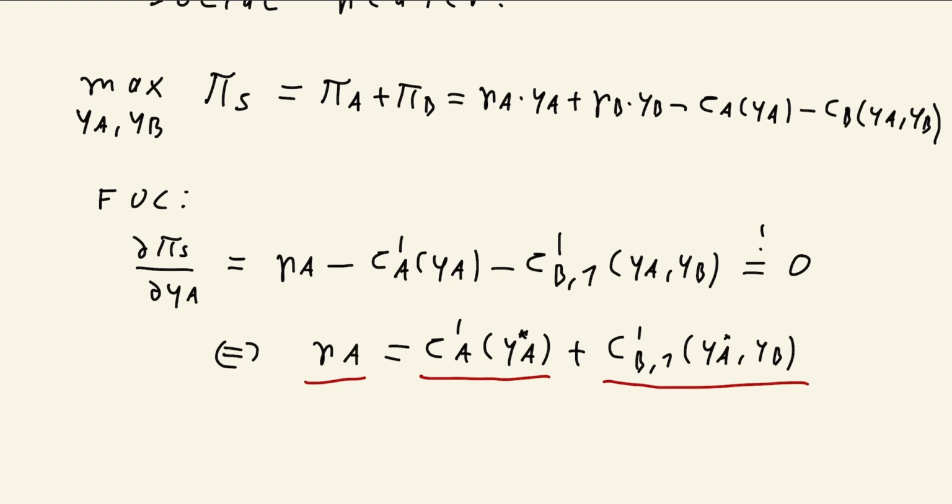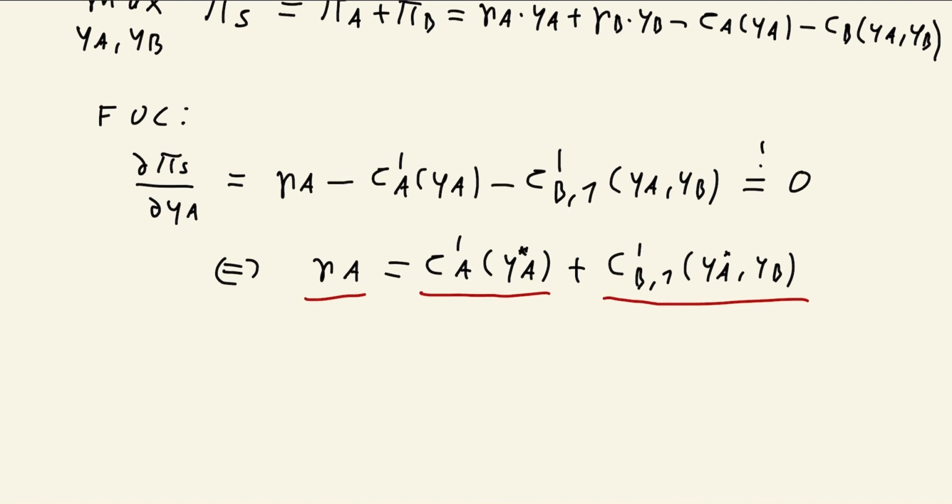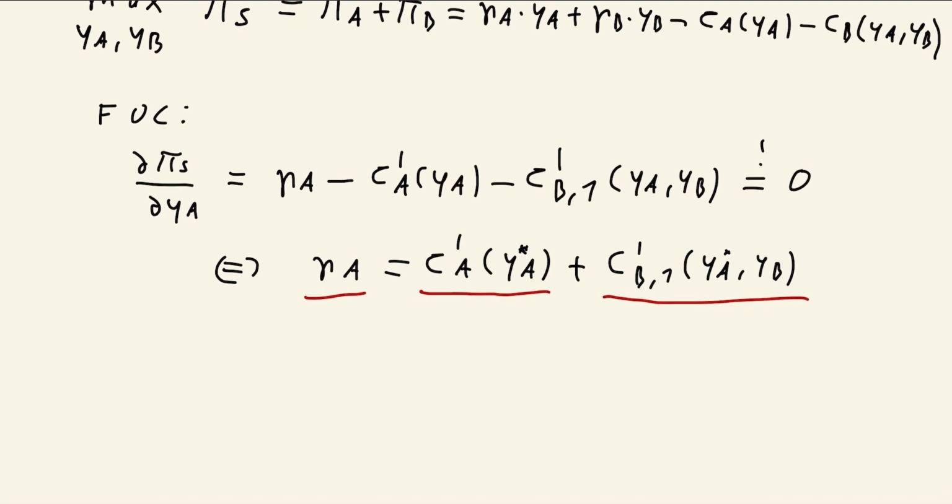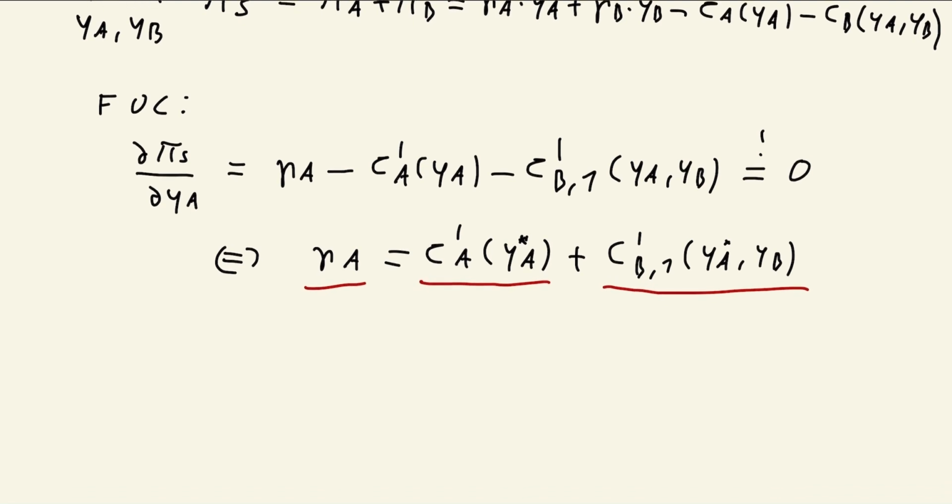So next, let us look into the derivative of the social welfare function with respect to yb. So let me change the color. So let us take the derivative of the social welfare function with respect to yb.